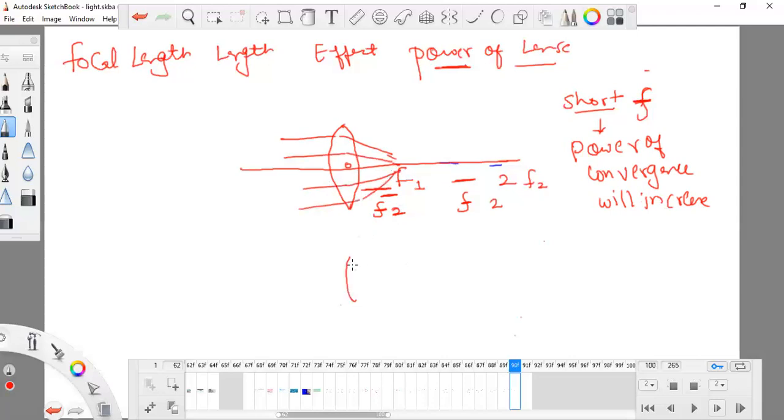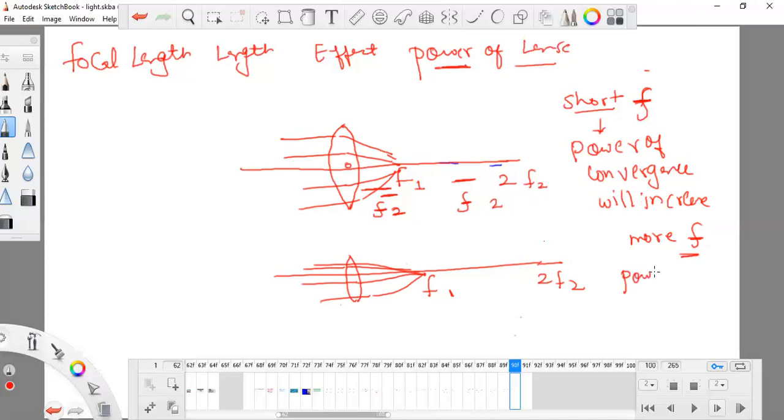Okay, but there is another lens. All the lenses are good, but if it has comparatively more focal length, then it is converging, that is very sure. But if there is more focal length, then the power of convergence will decrease.